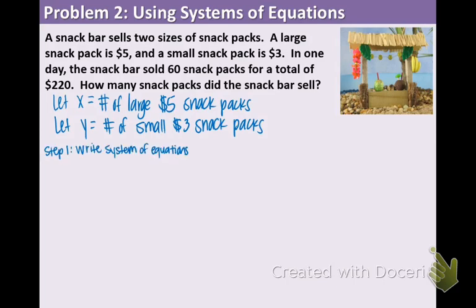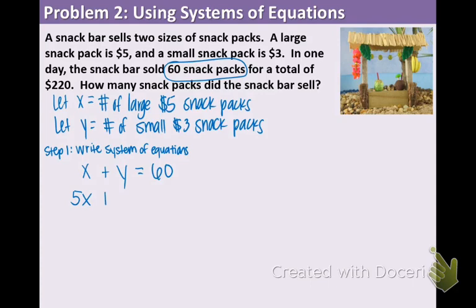Step 1, we want to write the system of equations. So first off, they told us that they sold 60 snack packs in one day. So in order to find the total, you just add the pieces. So x plus y equals 60. There's our first equation. Now our second equation is going to involve the prices. The large snack packs are $5, so we multiply, that makes it quicker.